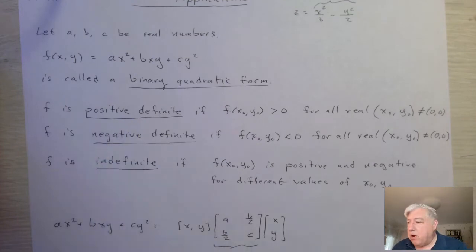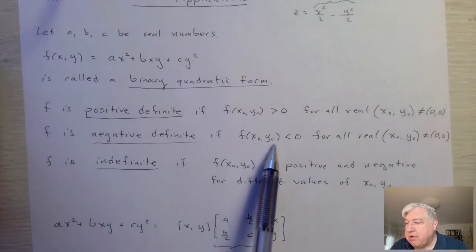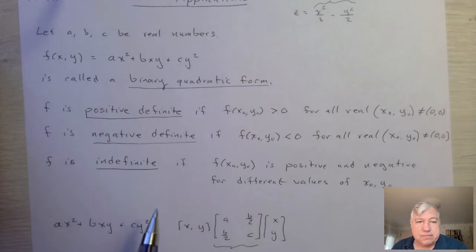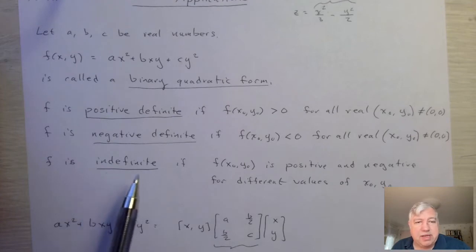If we always get negative values, then we say it's negative definite. And if sometimes we get positive values and sometimes negative values, then we say it's indefinite.